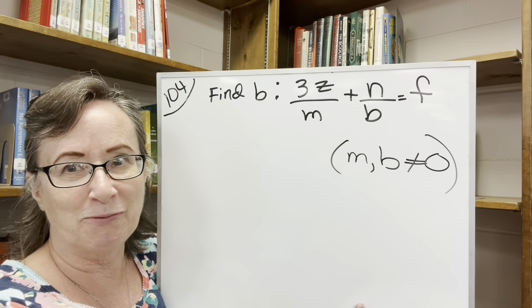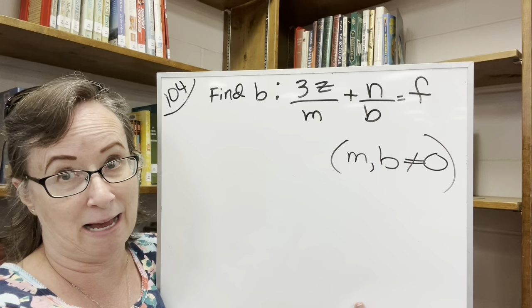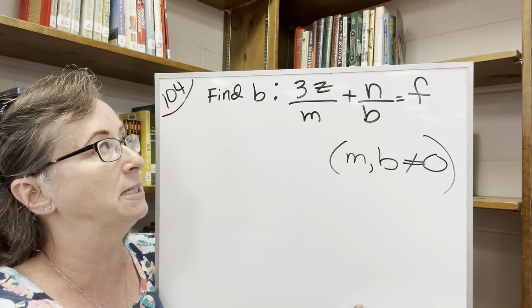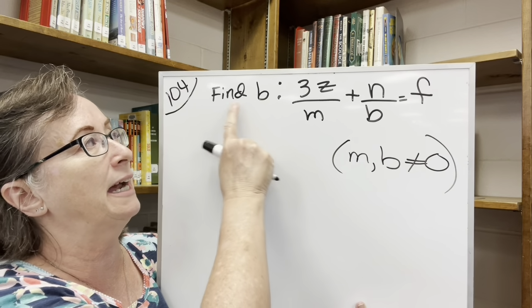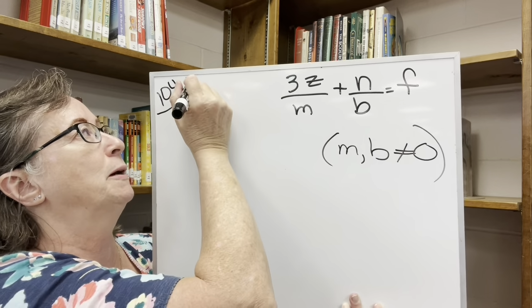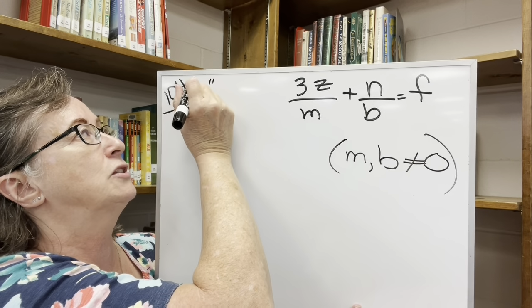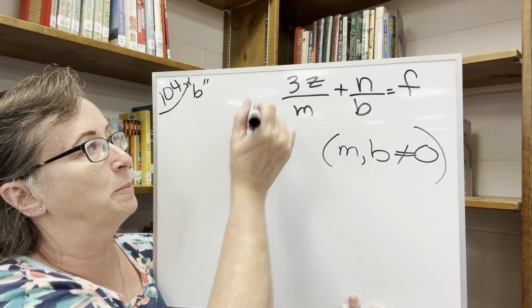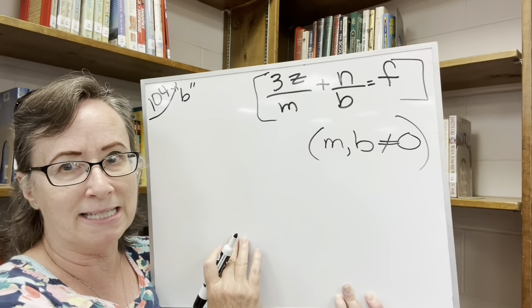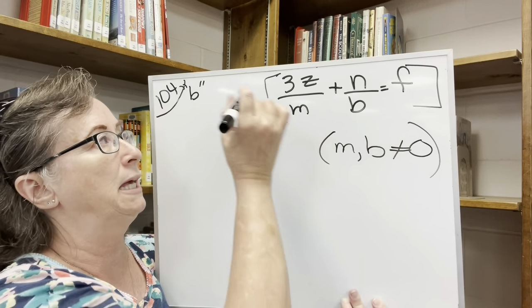All right, so hopefully you did that. Let's go through the steps. The first step is multiply both sides by the least common denominator. Now we're trying to find B. So I'm going to move this over a little bit. I'm going to put B as my trying to solve for B, and then I'm going to take this and I'm going to multiply by the least common denominator, which is MB.